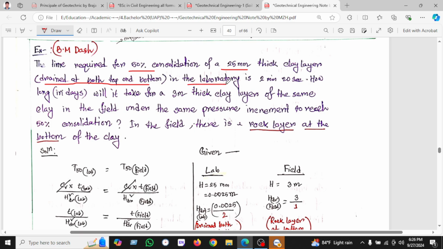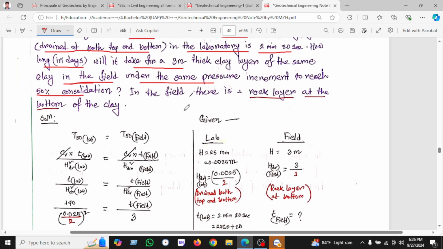In the laboratory it was tested for 2 minute 20 second, and how many days will it take for a 3 meter thick clay layer of the same clay in the field? We have to find it for the field layer under the same pressure increase to reach 50% consolidation. In the field, there is a rock layer at the top and bottom.